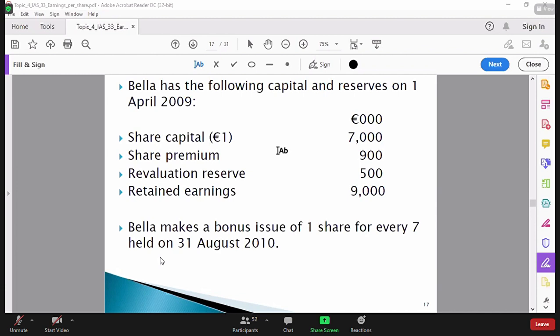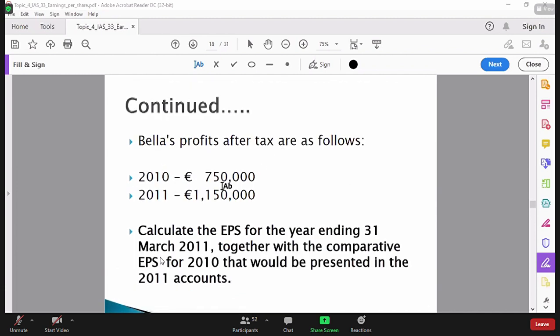So for 2010, it is 750,000 profit after tax. 2011 you have 1,150 million.